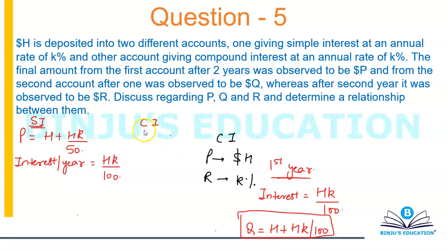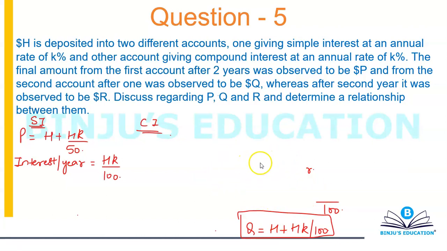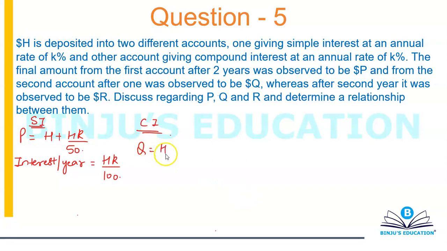When we spoke regarding compound interest, the value of Q came out to be H plus HK by 100.